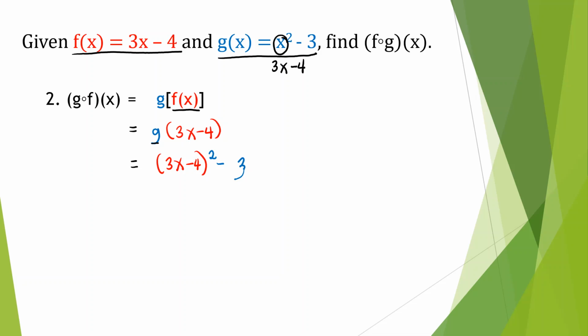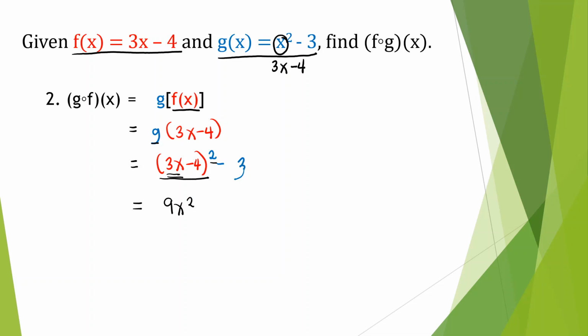Next, let us square the binomial. To square a binomial, the first step is to square the first term. 3x times 3x is 9x squared.